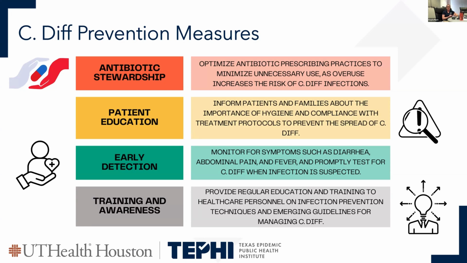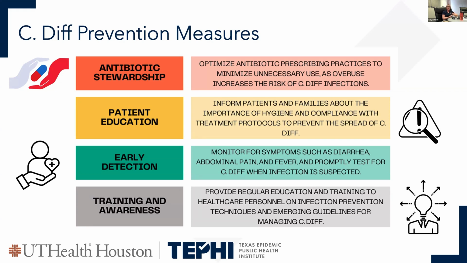Like with anything, to prevent the spread, early detection is great, so we can monitor for symptoms such as diarrhea, abdominal pain, and white count. Looking at the WBCs in our CBC panel is always a great way to look at it. Do they have a fever? Is there a high white count, and are they having diarrhea? It could possibly be C. diff, so we are identifying that as soon as they have the first symptom, and then we're testing appropriately.